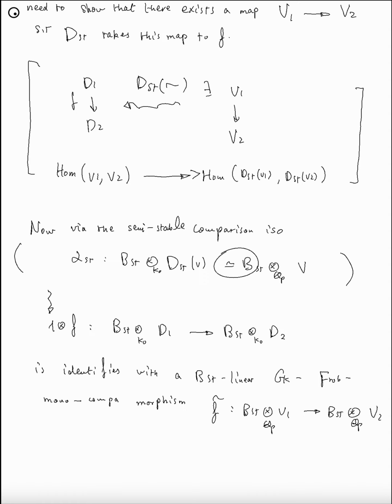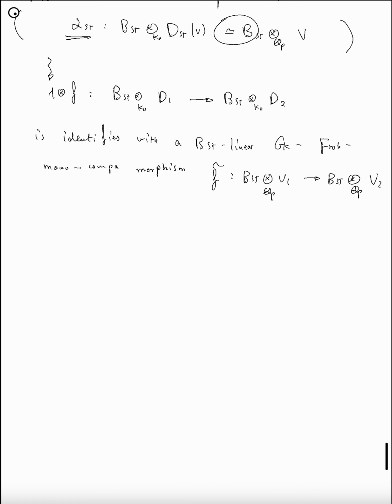So we use this comparison isomorphism as a bridge, and then we move that structure across.